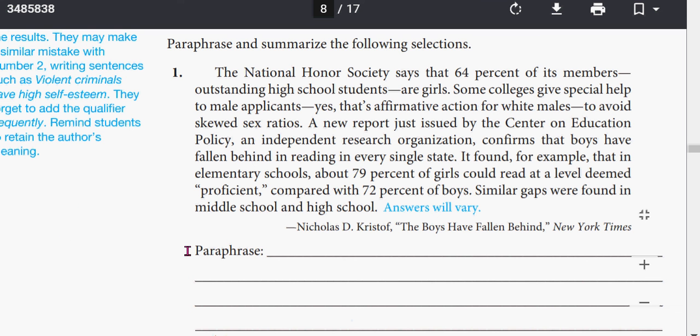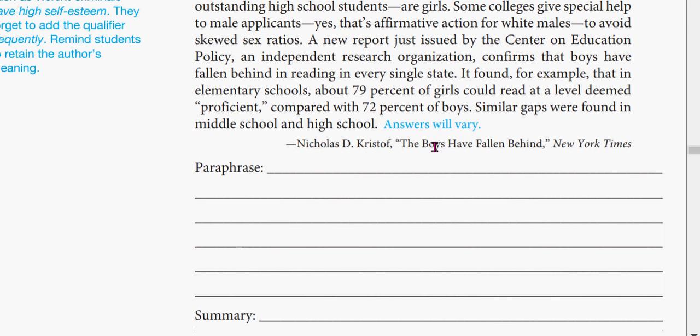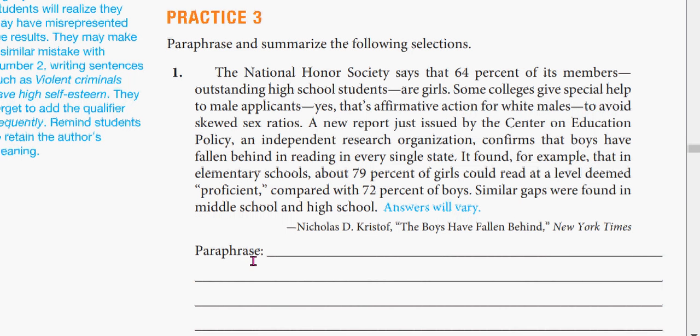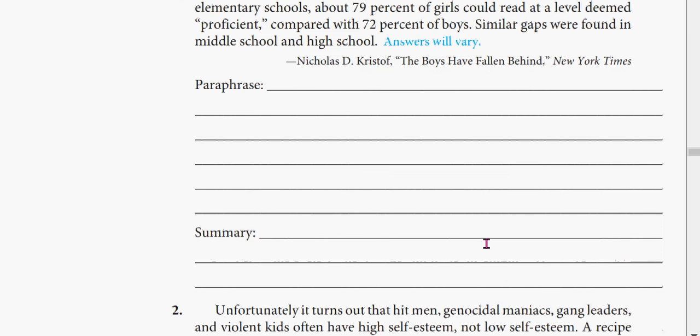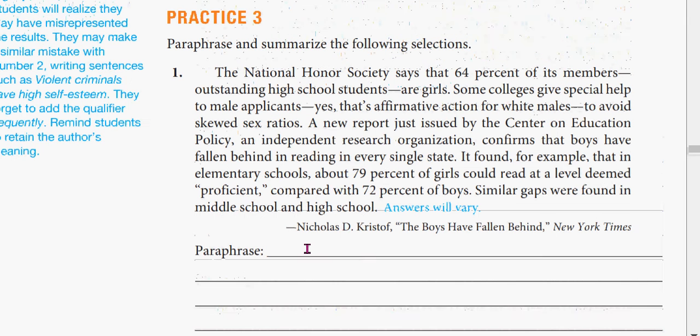So their paragraph is talking about that and the difference between girls and boys in their school performance. So explain it now in a paraphrase using your language, and then take out just the main ideas into the summary section here.